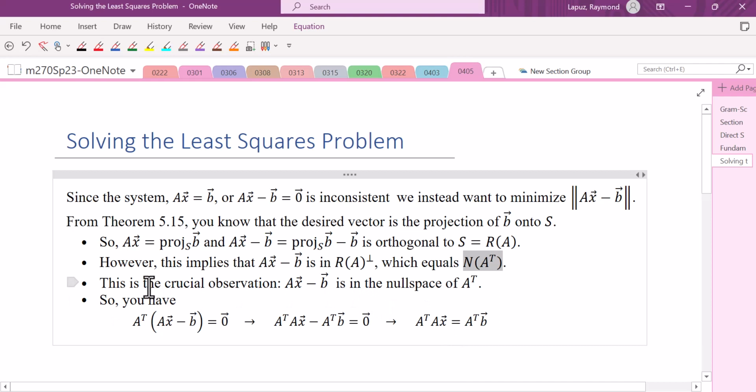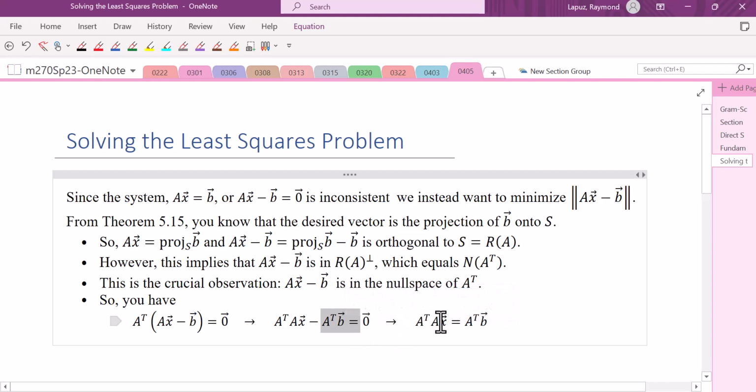So, being that AX minus B is in the null space of A transpose, we're interested in solving this equation where we apply A transpose to AX minus B and get the null space. If we distribute the A transpose, we get A transpose times X minus A transpose times B, and the difference should be equal to 0.